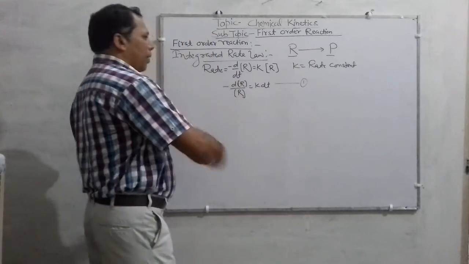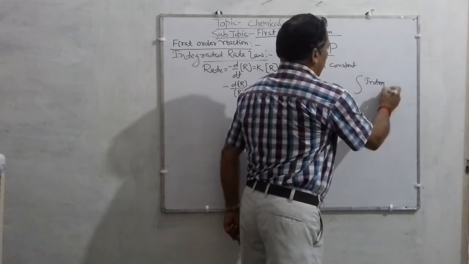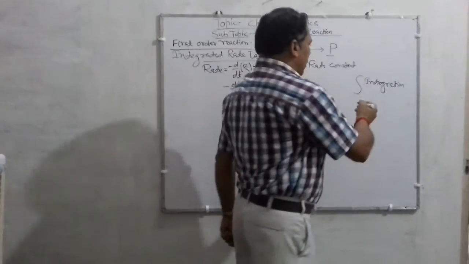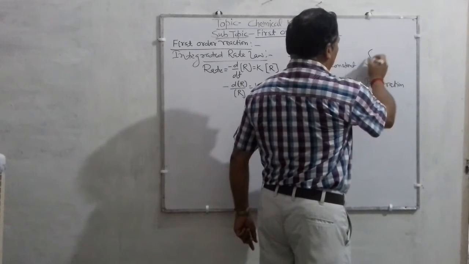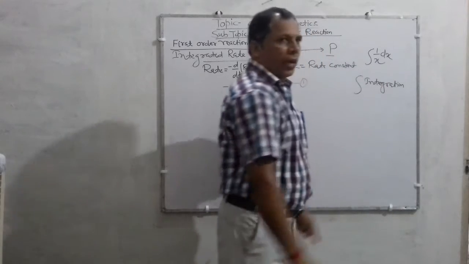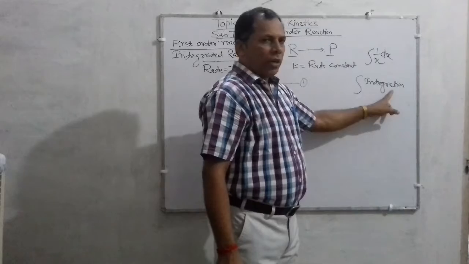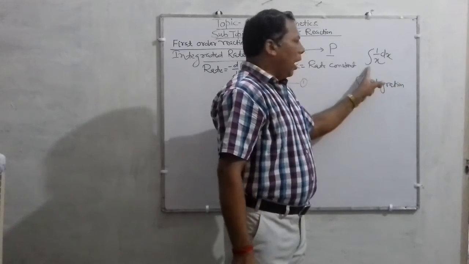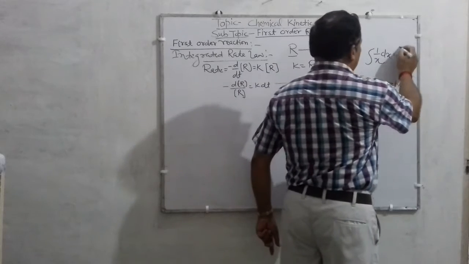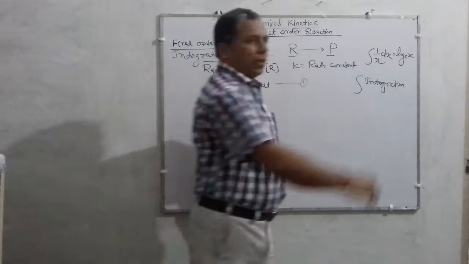You know the symbol of integration, and in that integration we have to apply one rule: the integral of 1 by x dx is log e x, where e is the base.